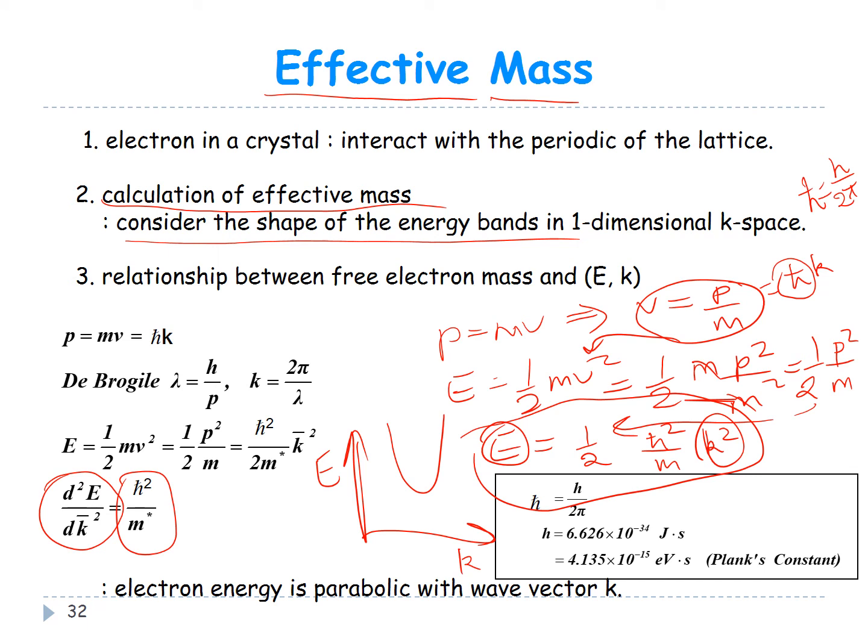The reason why we take the second derivative is because we want to get rid of this k here. And if you do that, you find that your m is equal to h bar squared over d squared E over dk squared.